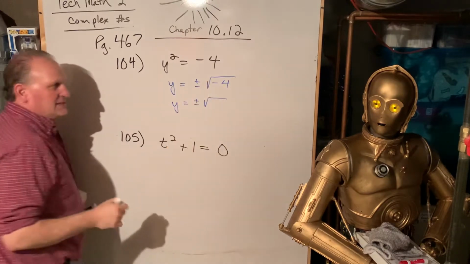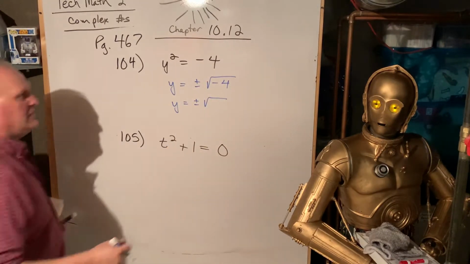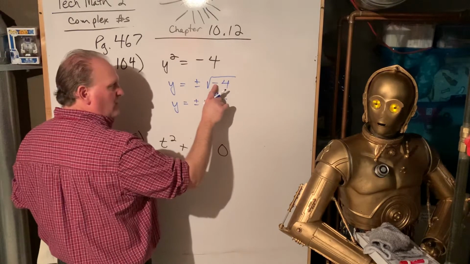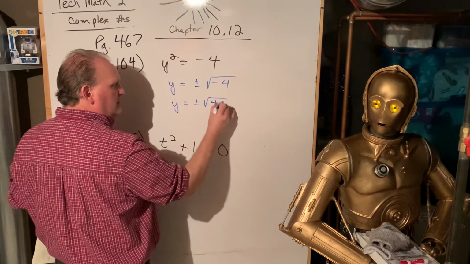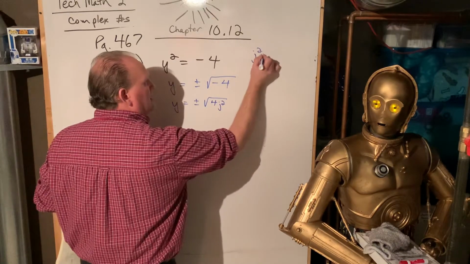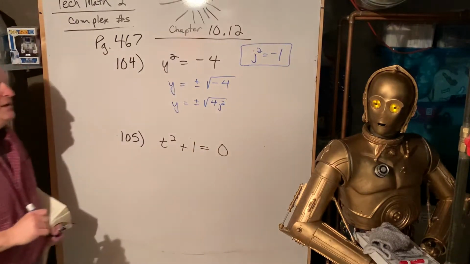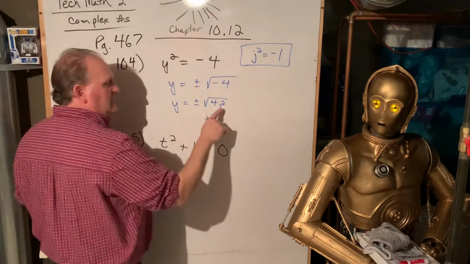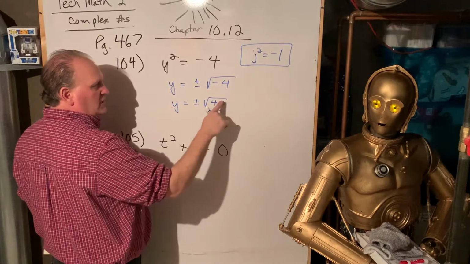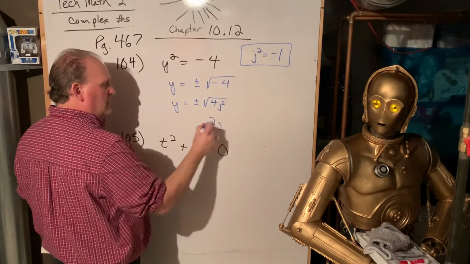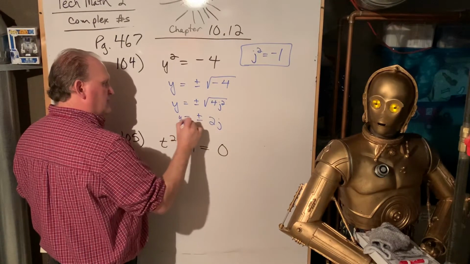So we need, if it's a 2 or a 4 or a 6, we need to replace -1 with j squared. J squared is the complex number, the imaginary number. And so when we take the square root of 4j squared, that's 2j plus or minus.